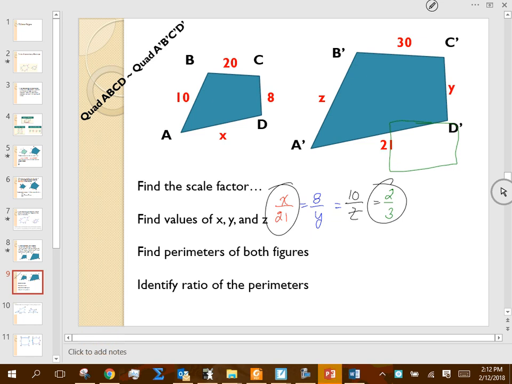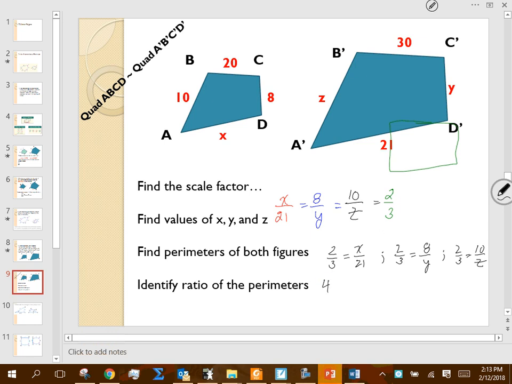Okay. So setting up those 4 ratios and equating them gets you all the little individual proportions you need to set up to solve for X and Y and Z. So I get 2/3 is equal to X over 21. I will get 2/3 is equal to 8 over Y. And I will get 2/3 is equal to 10 over Z. Those are your 3 little individual proportions.